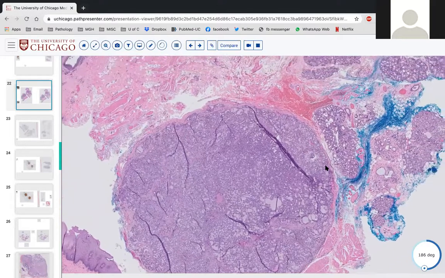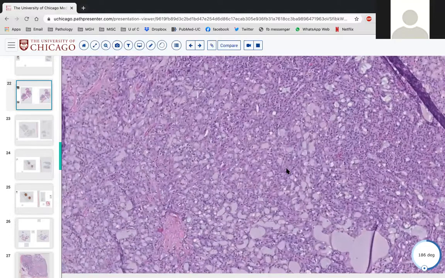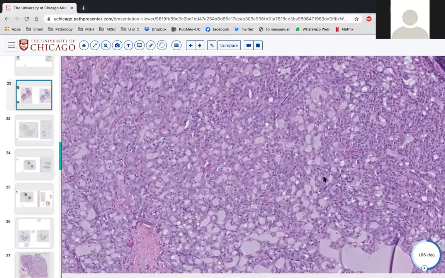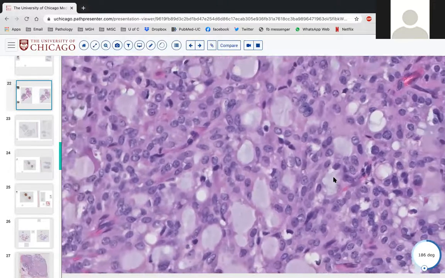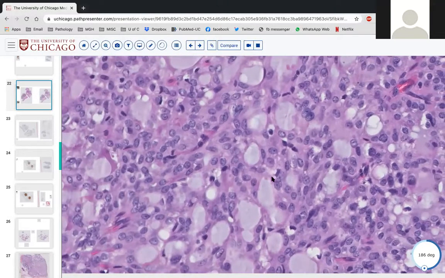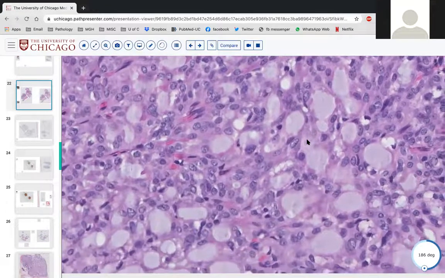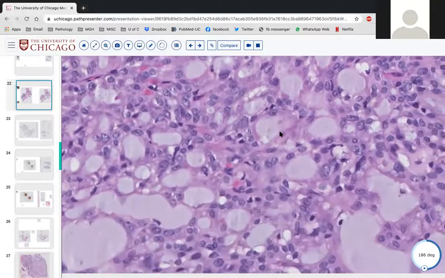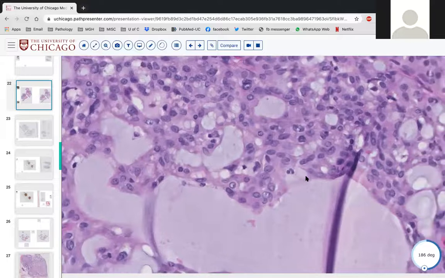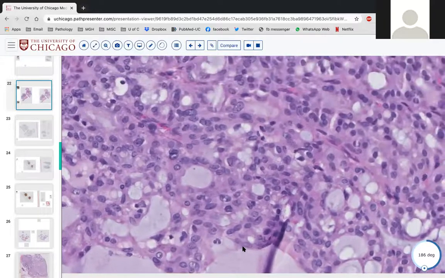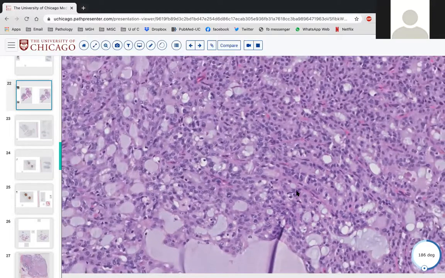If you go a little bit higher power, you see these spaces that are filled with grayish material, and the cells around are oval and the nuclei have a vesicular quality to them. So immediately you could think about adenoid cystic, but it doesn't quite fit morphologically for that.